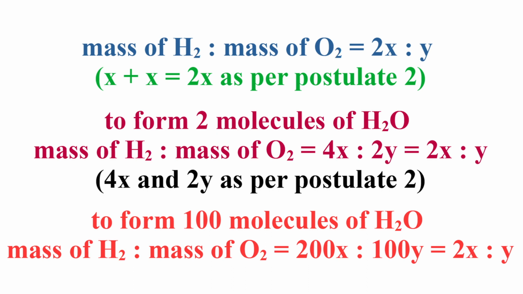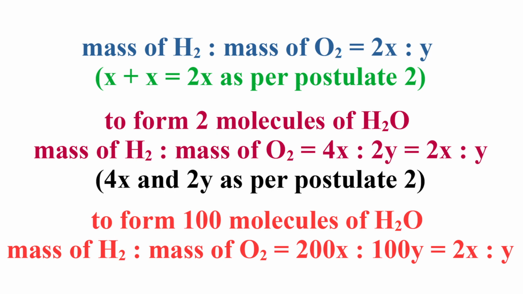If they were different, we would have to know both values before adding them, which would make our approach more complicated. This is the reason behind Dalton's assumption. Thus, the ratio of the combining masses is 2x to y.